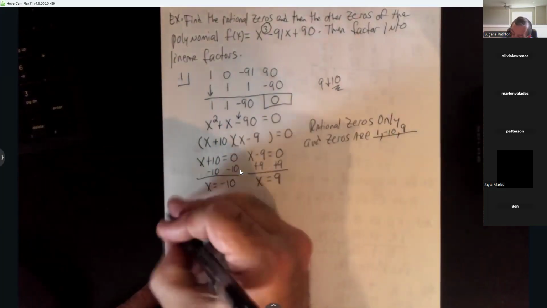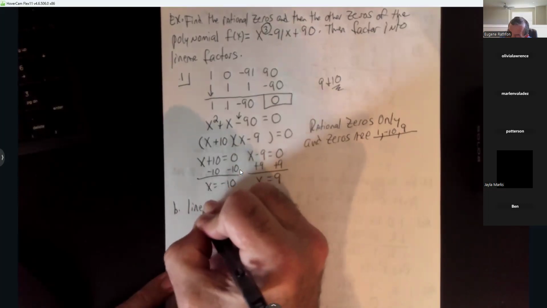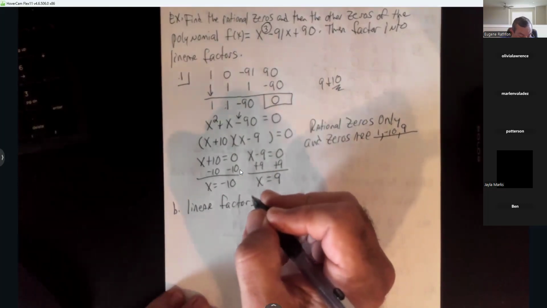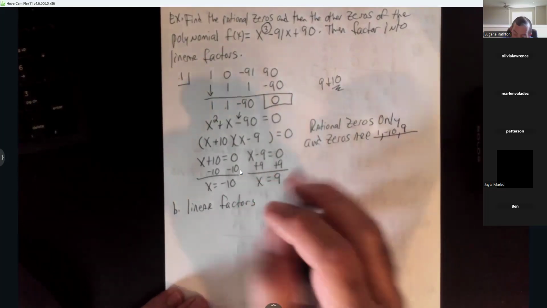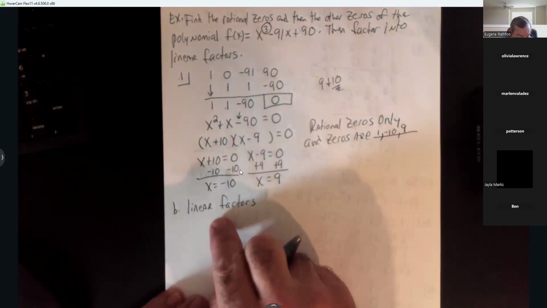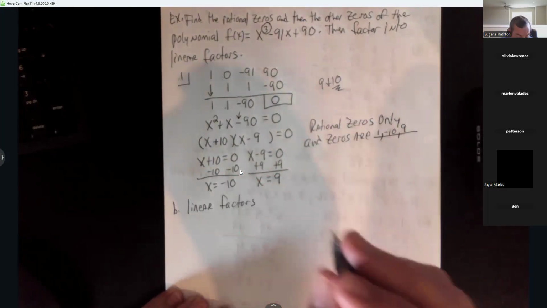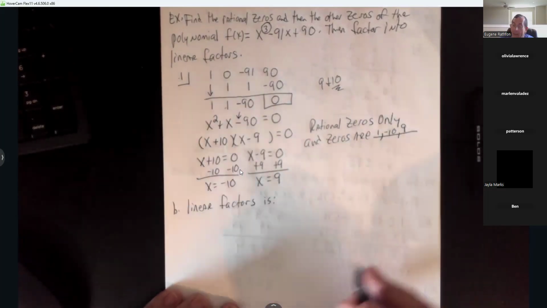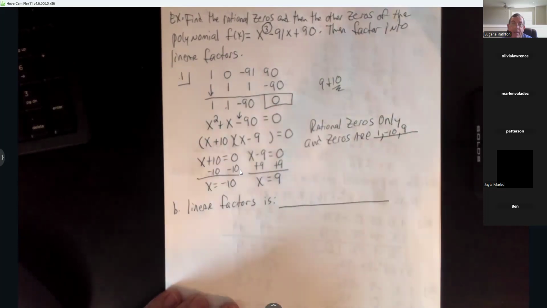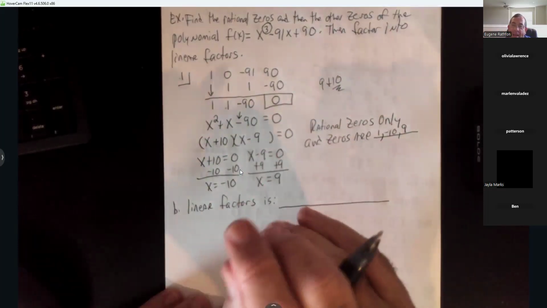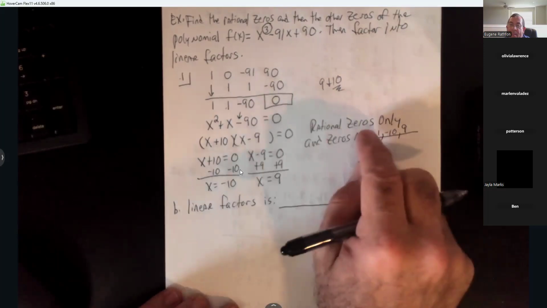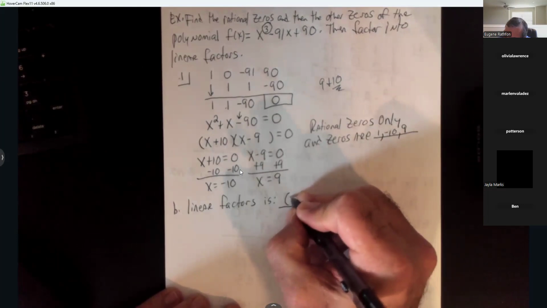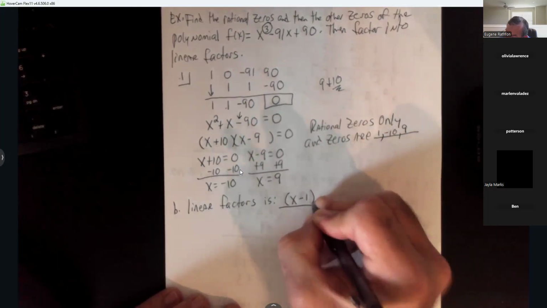So that was part A. And then part B, linear factors. The factorization of f of x into linear factors is, and then blank. So y'all, what they mean by linear factors is putting them back into parentheses. So if your zero is a 1, that means your linear factor would be x minus 1.